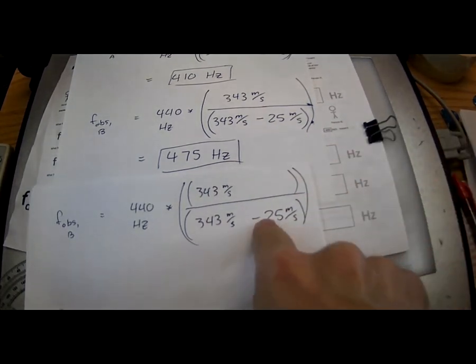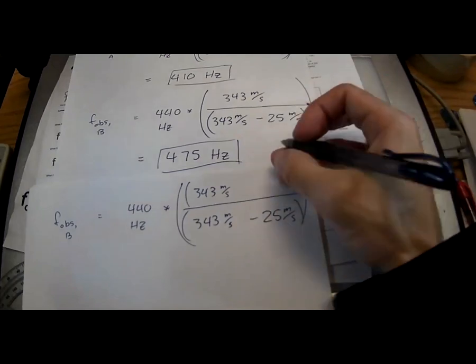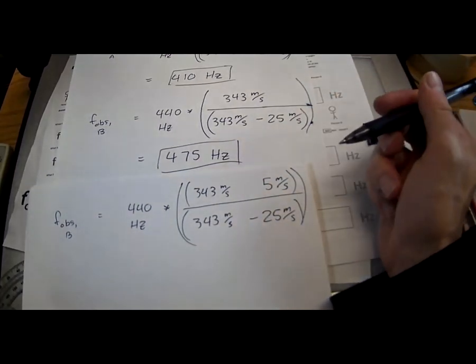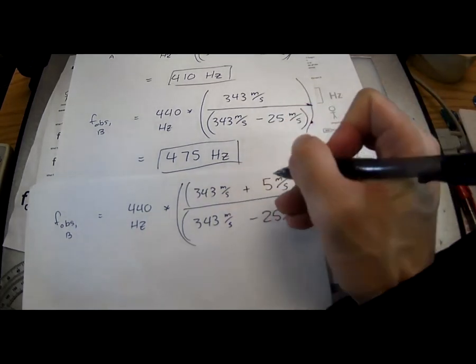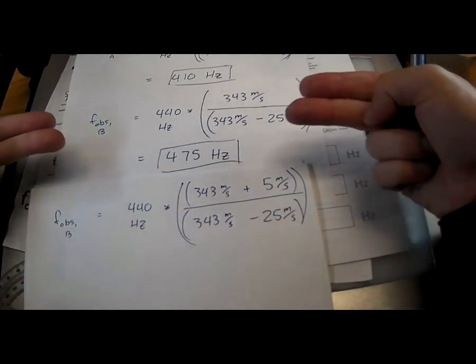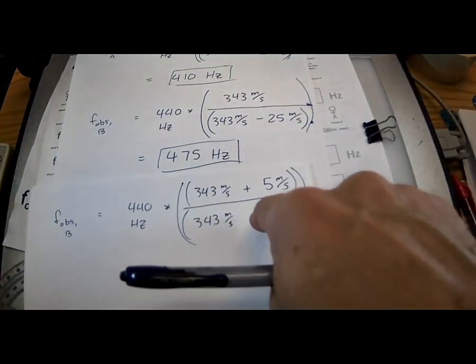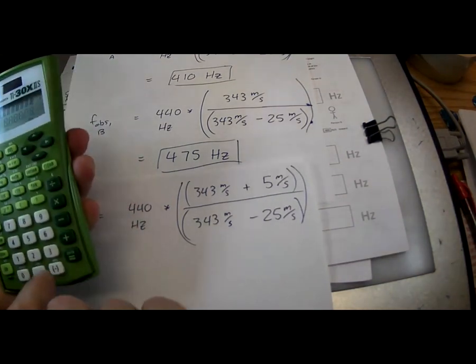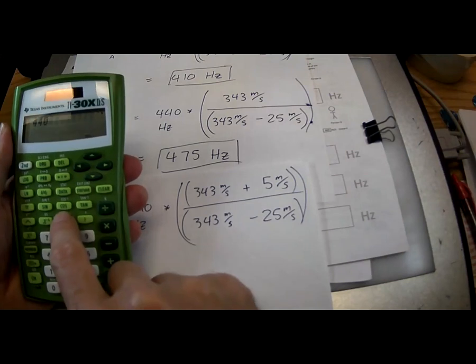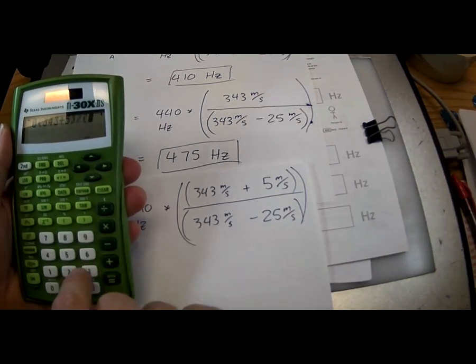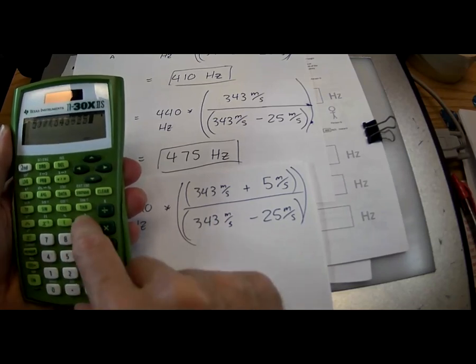But running towards the car at 5 meters per second, should you add or subtract on top? Add. Okay. So if two objects are headed towards each other, like the source and the observer, then you subtract on bottom, but you add on top, because each of those would increase the observed frequency. So it's 440 times 343 plus 5 over 343 minus 25.